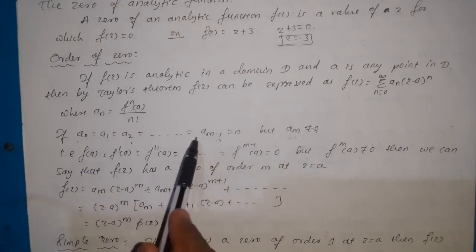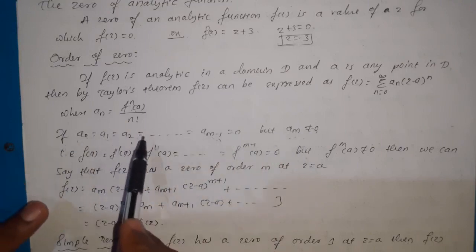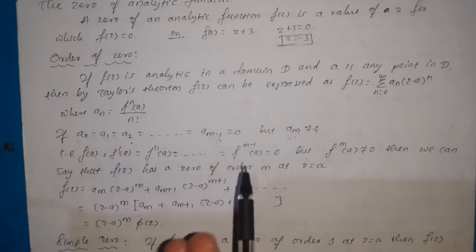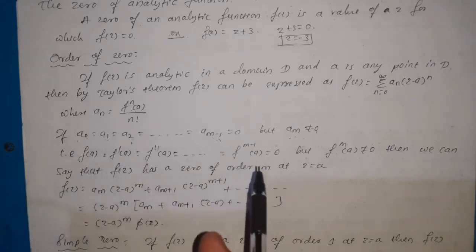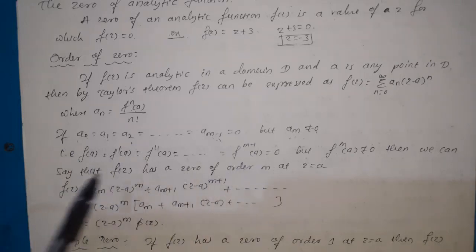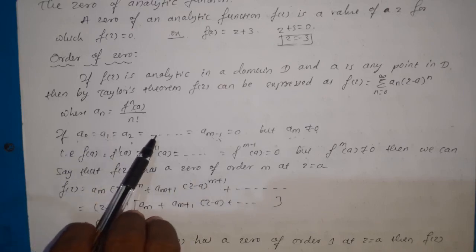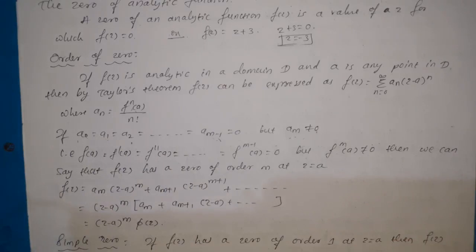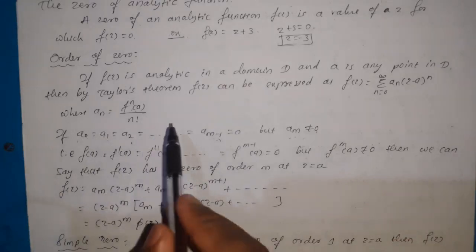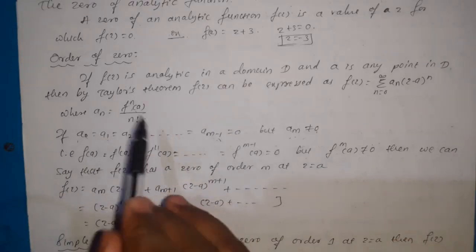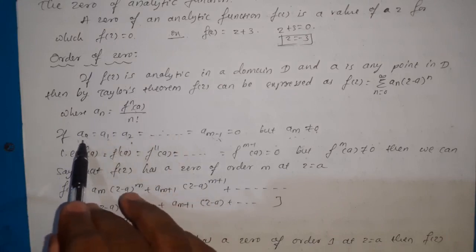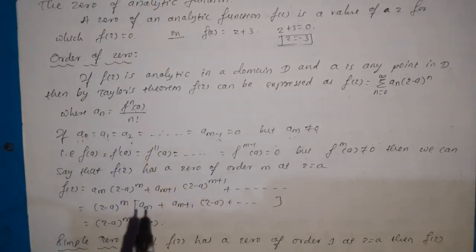If any one of them is non-zero, then that order can be considered as the order of the derivative. Suppose a3 is non-zero and then a4, a5 are 0, that doesn't matter. If a3 is non-zero and a2, a1, a0 are zeros, then we can consider 3 as the order of that zero.